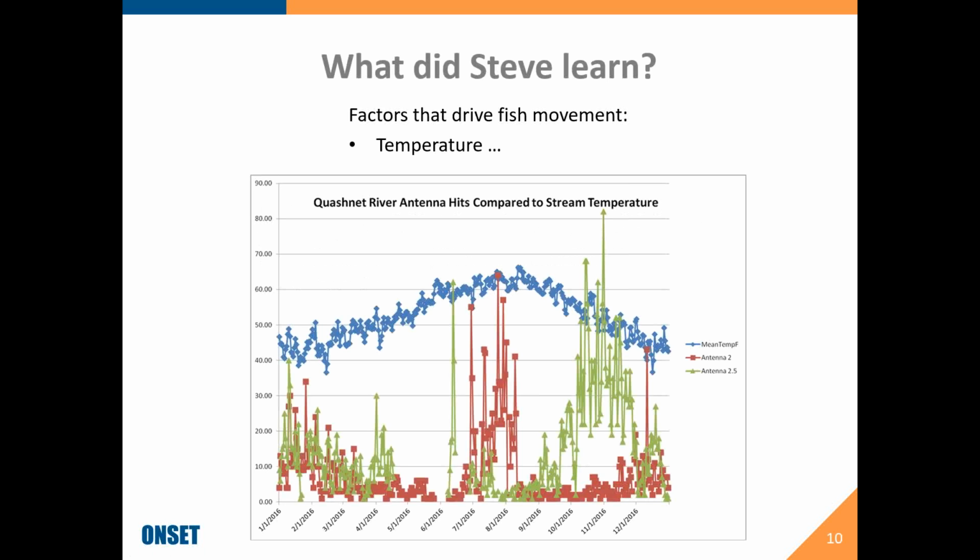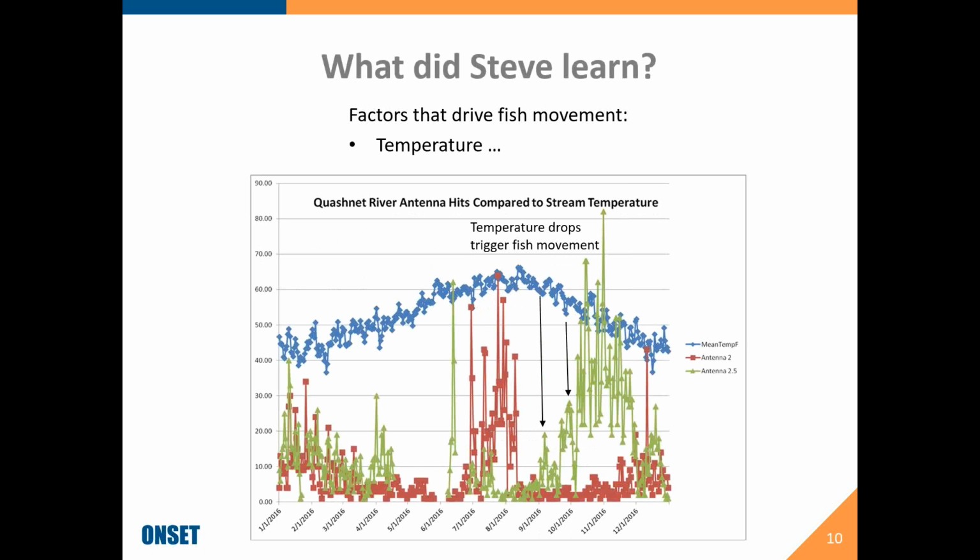So the antenna that we're interested in for this study is the green line here, which shows the activity of fish going by the antenna. And if you look closely, it's a little hard to see, so I've got some arrows here to point things out, is when there's a temperature drop, that triggers the fish moving upstream.